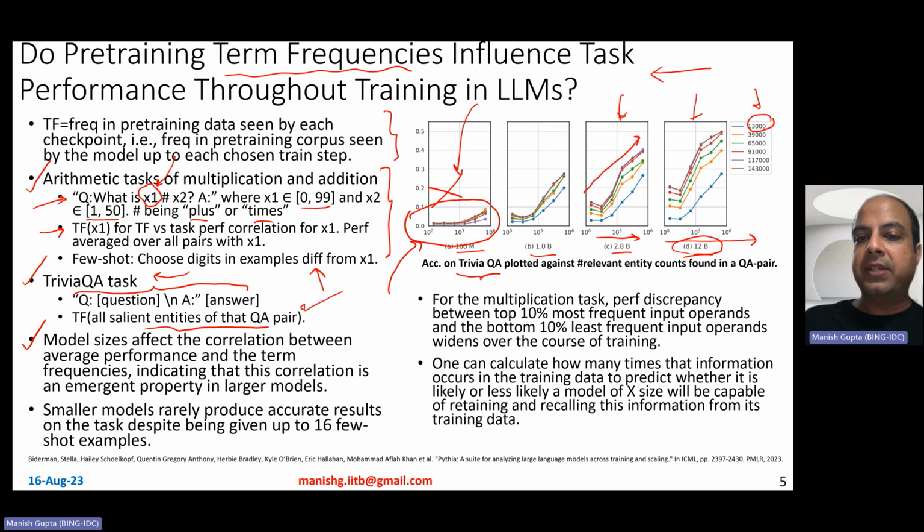Although you observe an upward trend in all of these cases, the upward trend is really good for the 2.8 billion or 12 billion parameter models. So large model size brings in this nice emergent property.